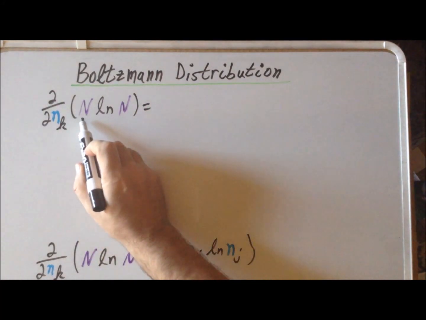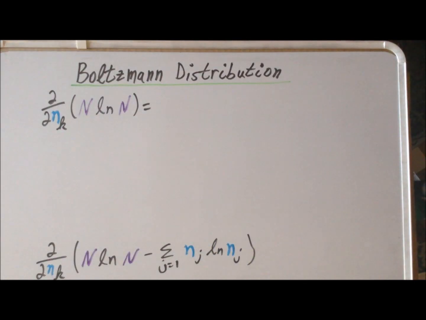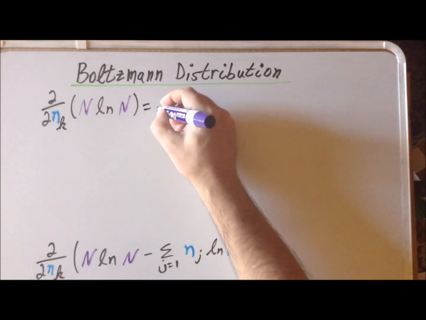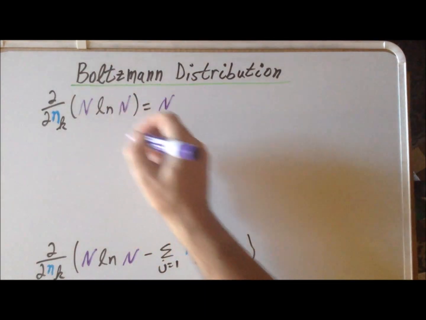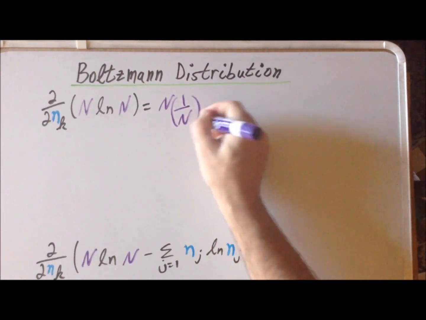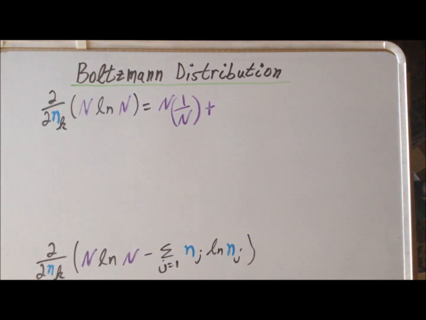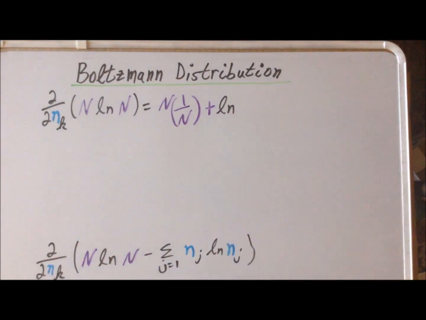So our first function we'll call big N, and our second function will be the natural log of big N. Recall from our product rule that it's the first times the derivative of the second function, and the derivative of the natural log of N is simply 1 over N, plus the second function times the derivative of the first. So the second function is the natural log of big N.